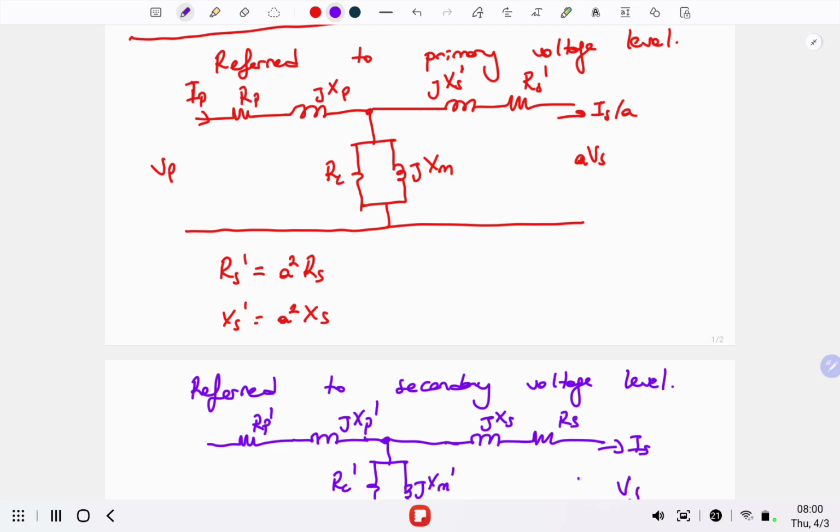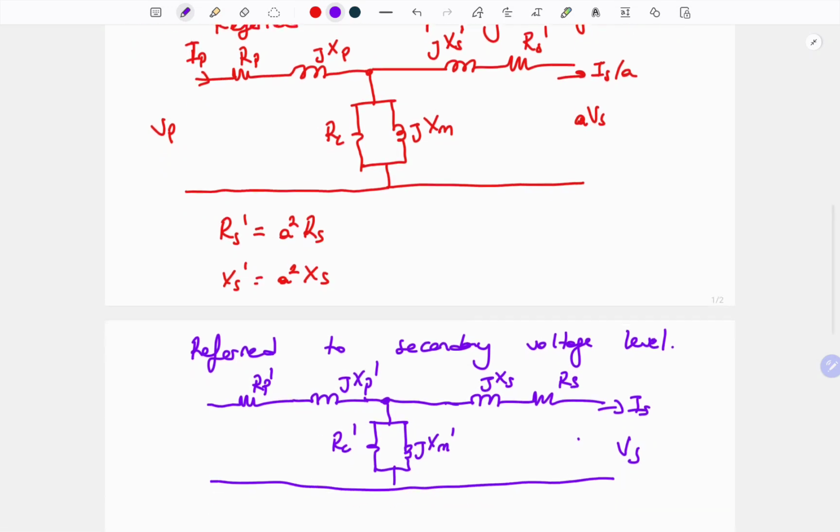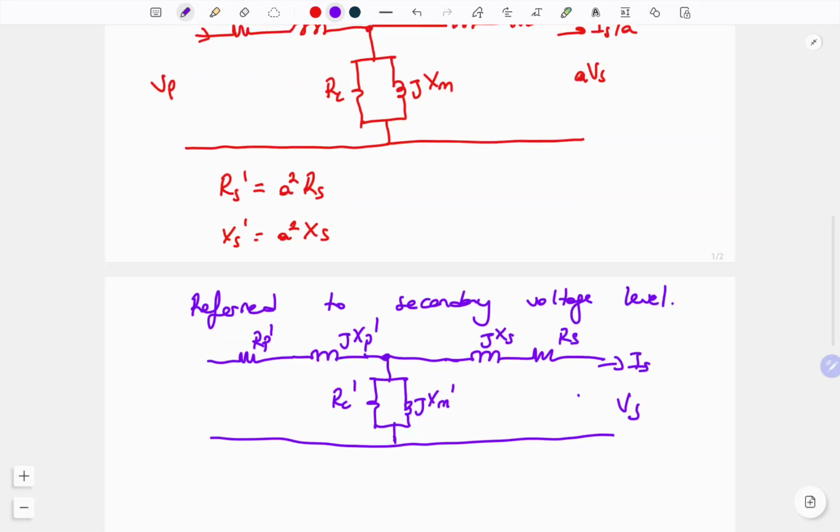So instead of 2, we have 4 parameters for the secondary voltage level referred case. And for the primary side voltage, we have VP over A, or for the current, we have A times IP.